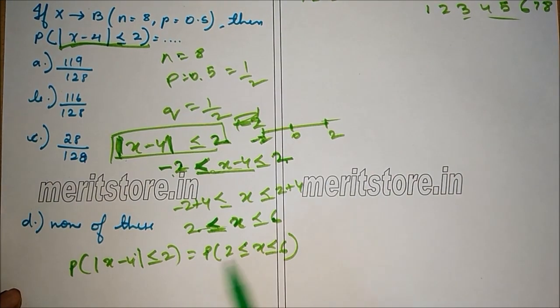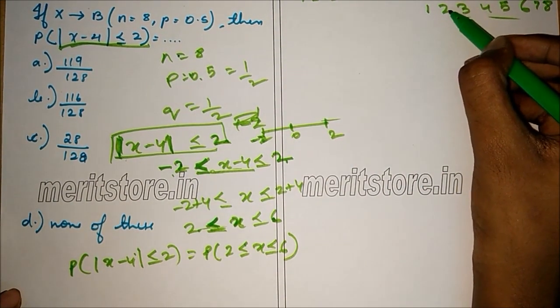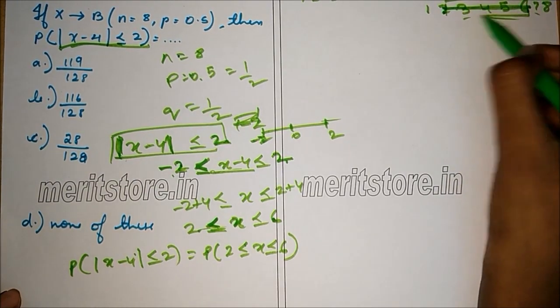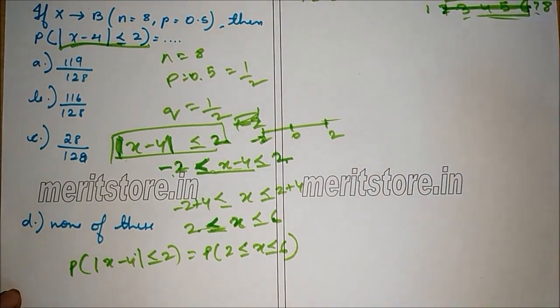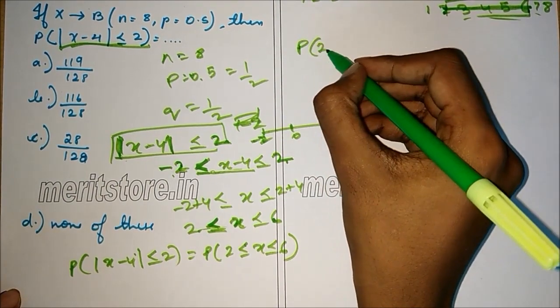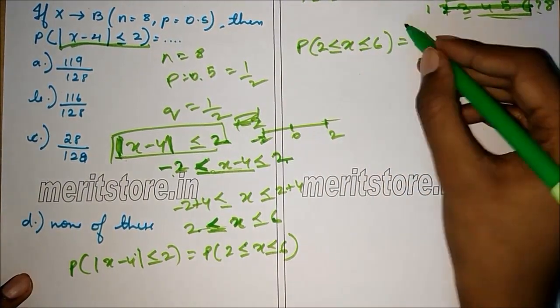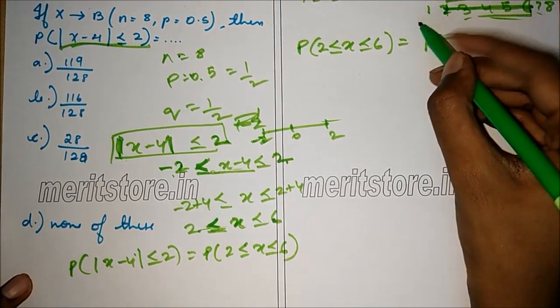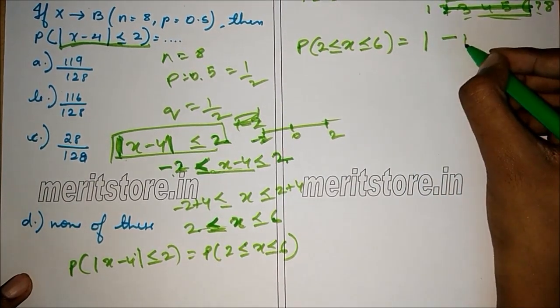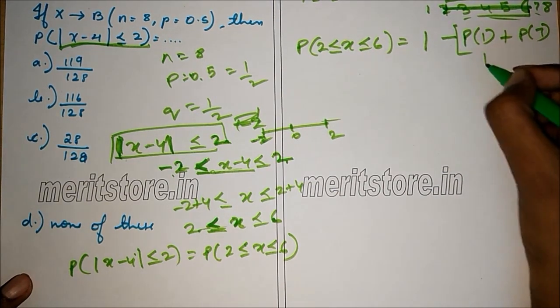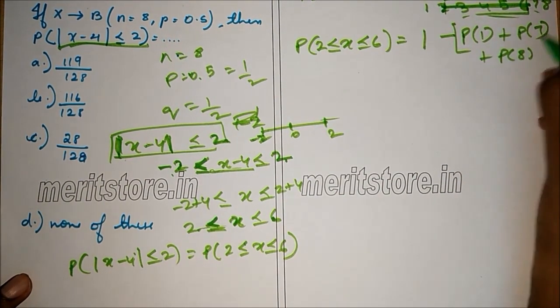We have to find the probability between 2 and 6. So using the 1 minus none property, P of 2 less than or equal to x less than or equal to 6 will be 1, that is total probability, minus the probability of the remaining, that is P of 1 plus P of 7 plus P of 8.